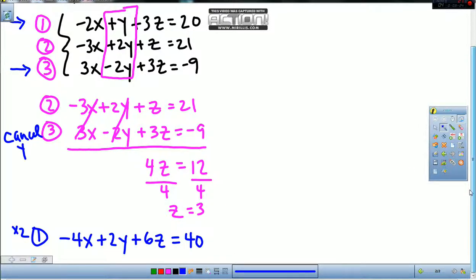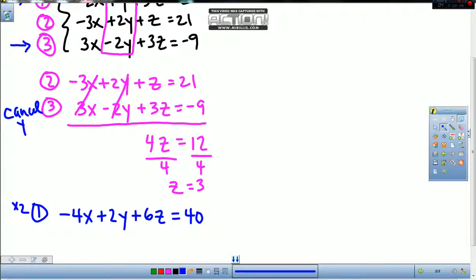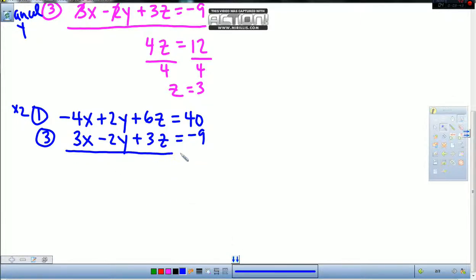I'm going to pull down equation number 3: 3x minus 2y plus 3z equals negative 9. Label that. So I'm ready to add the 2 together. This will become negative x.